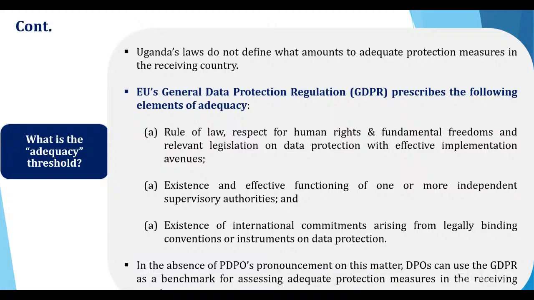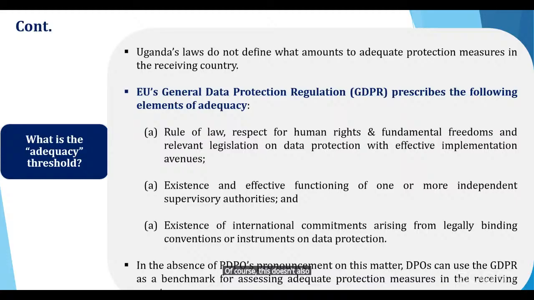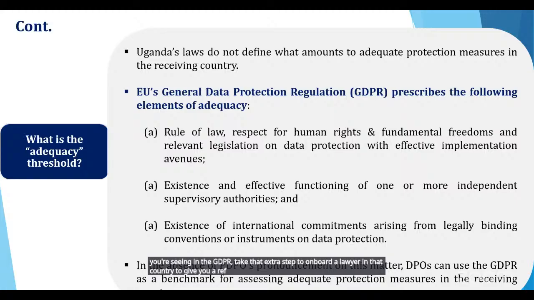So in the absence of PDPO's pronouncement on this matter, as I said earlier, we can use the GDPR as a benchmark for assessing adequate protection measures in the receiving country. Of course, this doesn't mean that you just rely on what you're seeing in the GDPR. Take the extra step to onboard a lawyer in that country to give you a refined opinion on the way forward.